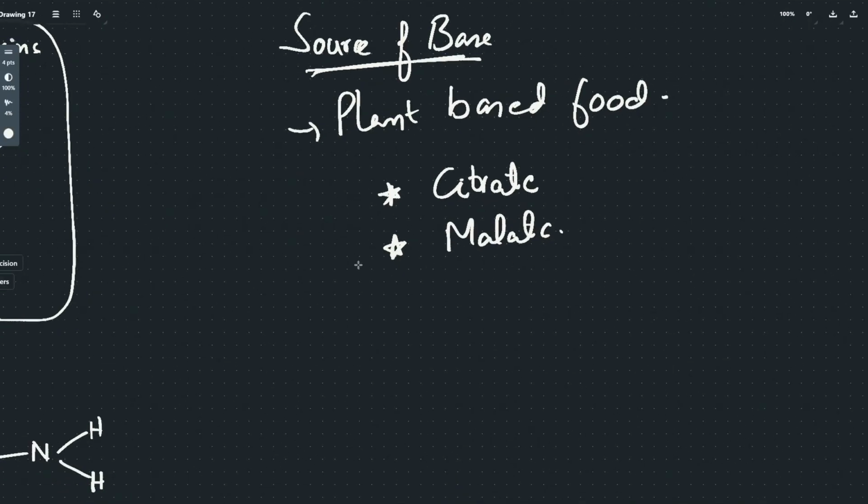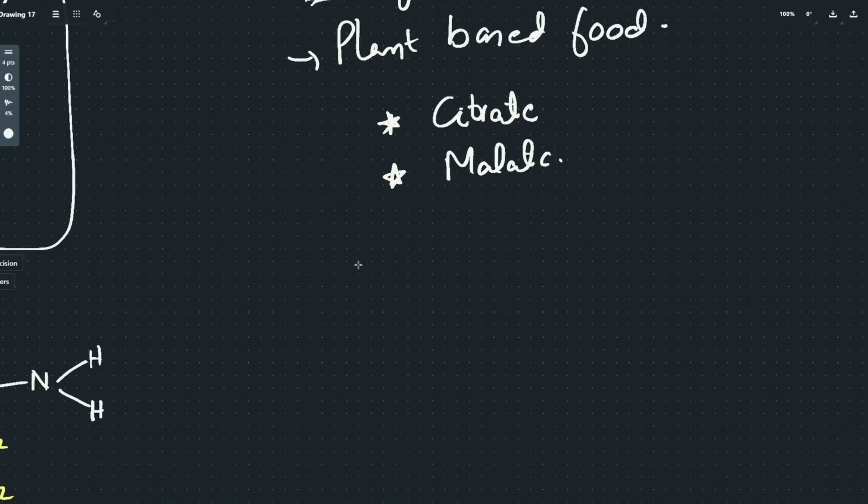Now even if we talk about plant based diet, whether it is plant based or animal based, it doesn't matter, it has the macronutrients. And you know what are macronutrients?